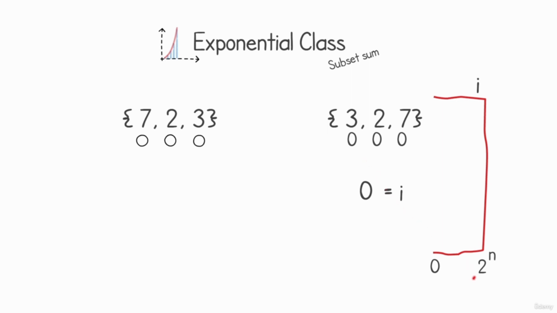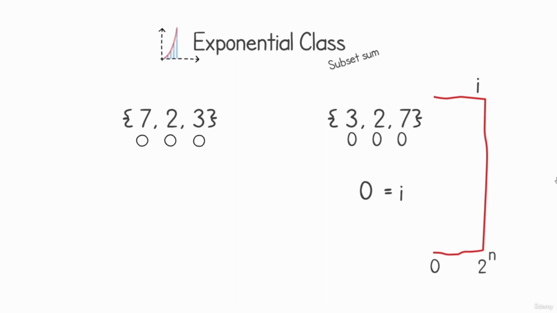The reason we are doing 2 to the n is because this will give us enough space for our entire input. In this example where we have 3 digits, n is the size of our input, so n will be 3. 2 to the 3 is 8, and since we stop at 1 position before, giving us 7, this will be equivalent to 1, 1, 1 in binary format when we convert 7 into binary.